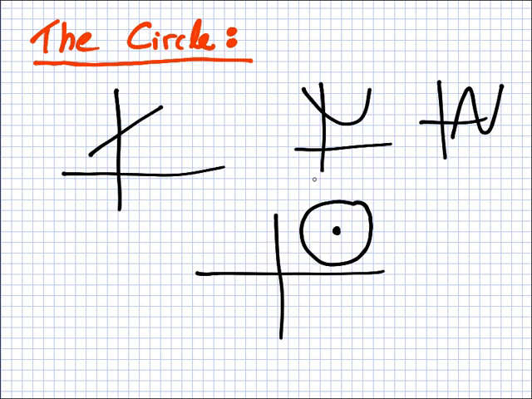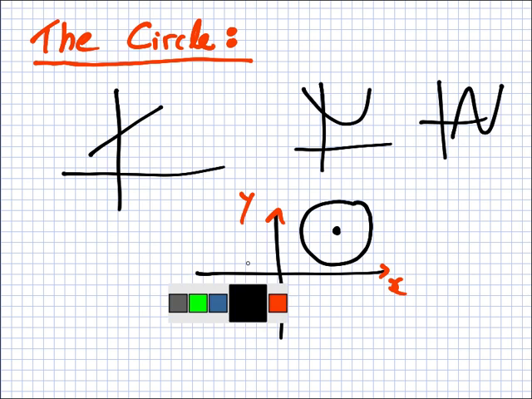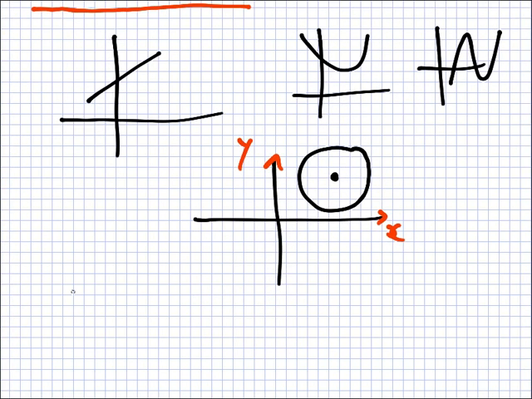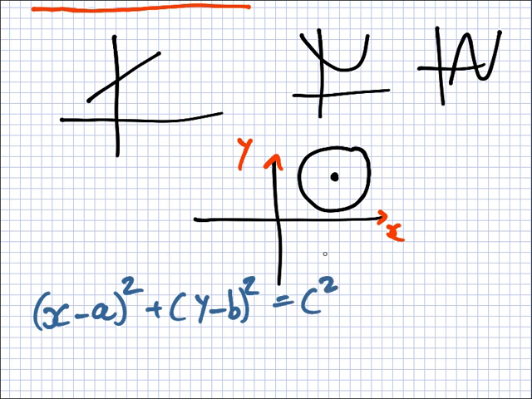There are actually 2 ways to represent it. The first way is to write the equation as x minus a squared plus y minus b squared equals c squared.